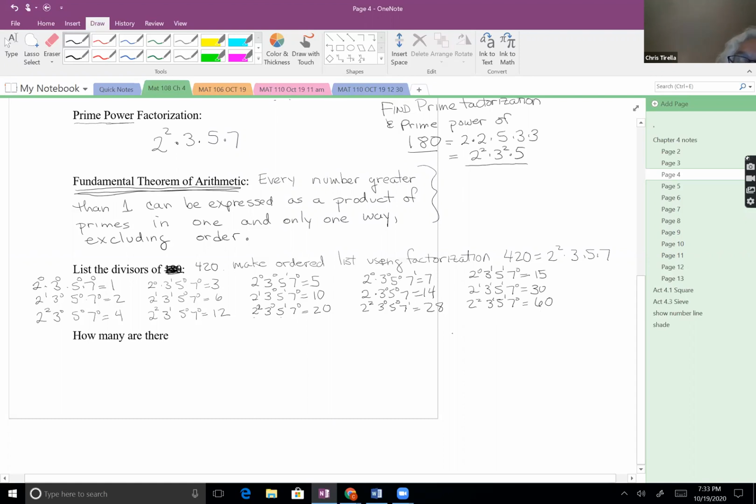Let's see. We could do 2 to the 0, 3 to the 0, 5 to the 1, 7 to the 1 would be 35. 2 to the 1, 3 to the 0, 5 to the 1, 7 to the 1 would give me 70. 2 to the second, 3 to the 0, 5 to the 1, 7 to the 1 would give me 140.